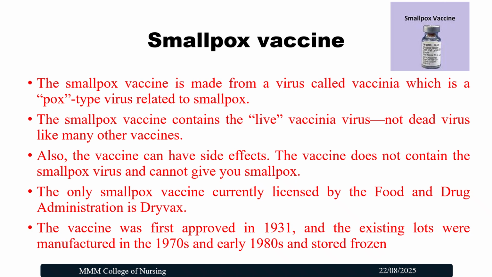The vaccine does not contain the smallpox virus and cannot give you smallpox. The only smallpox vaccine currently licensed by the Food and Drug Administration is Dryvax. The vaccine was first approved in 1931 and the existing lots were manufactured in the 1970s and early 1980s and stored frozen.